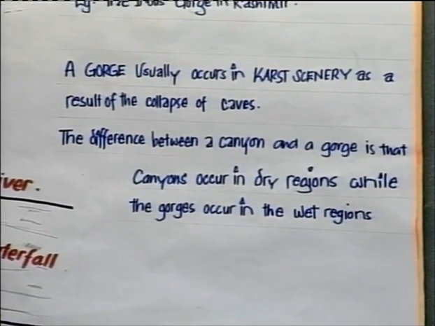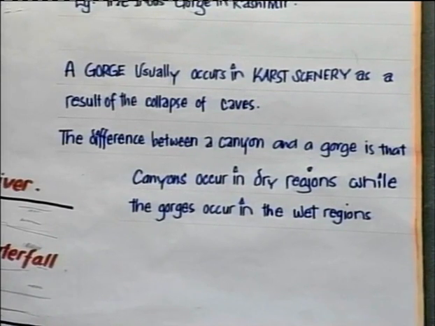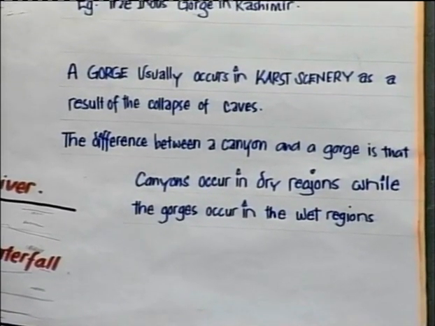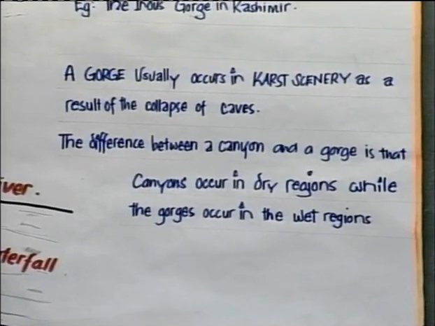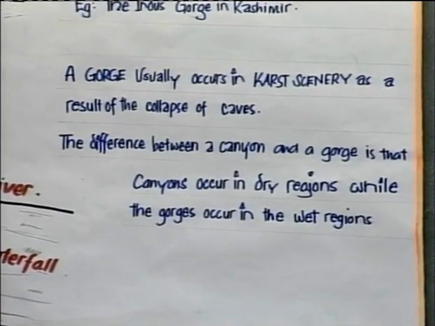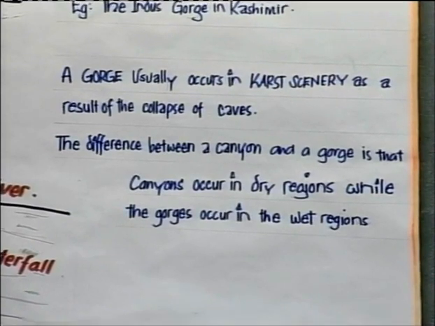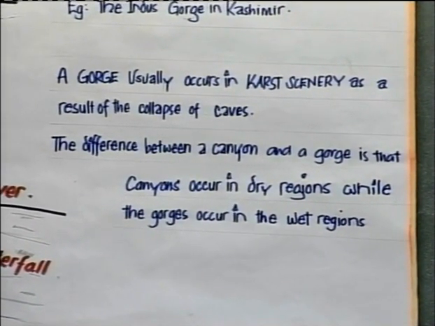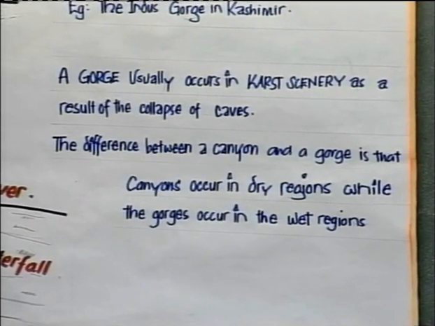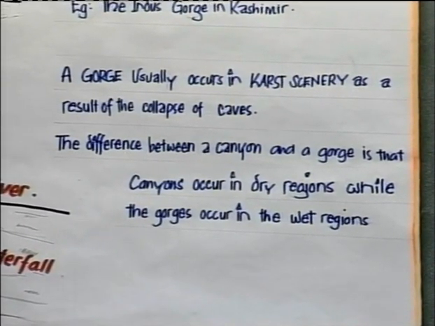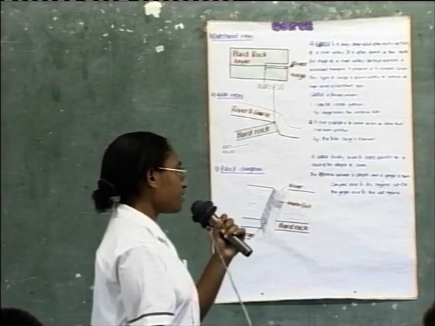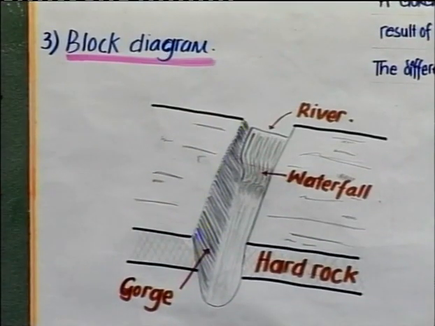This is due to the acids in rain. Karst scenery is made up of limestone. When rain falls on a karst scenery, solution occurs, which means limestones are dissolved, and therefore it causes caves to collapse. And when caves collapse, they form a V-shaped valley, which is a gorge.